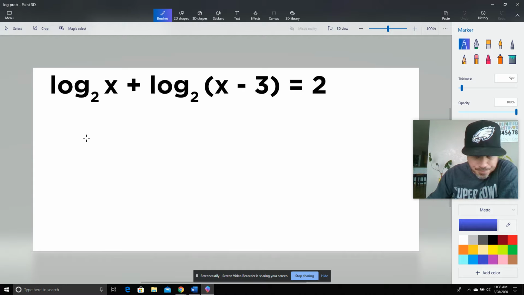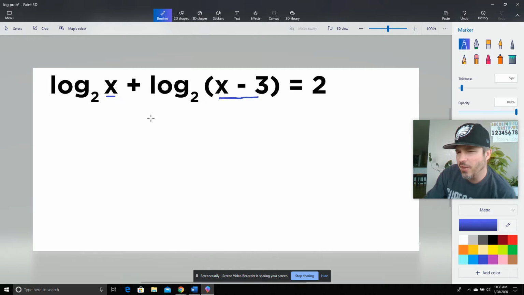So what we can do is take this guy, and there's a basic log property here that says that when we add logs of the same base, it's really like multiplying their arguments. So you'll find all this in your logarithm chapter that's been assigned.